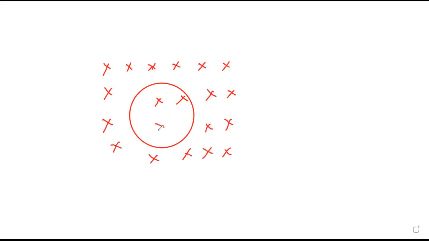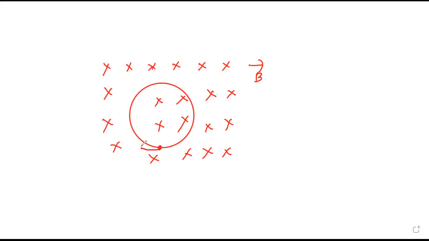So if force is acting, the field is inward along the z-axis. This is the field acting along the z-axis, B bar.